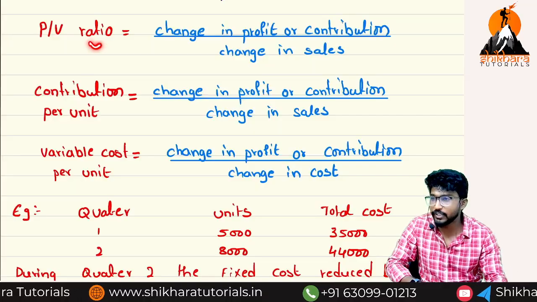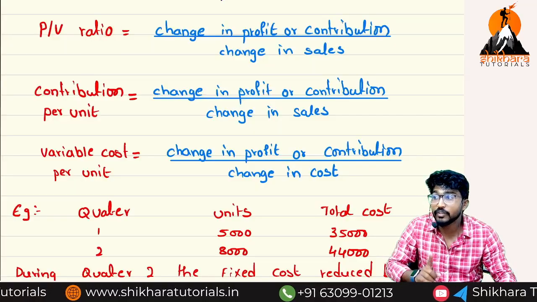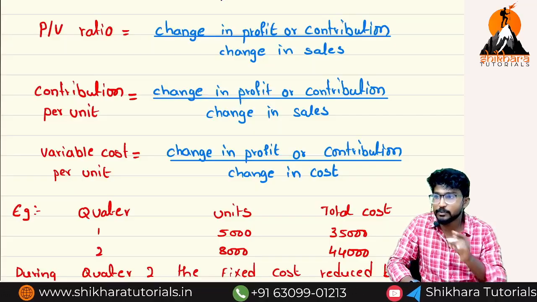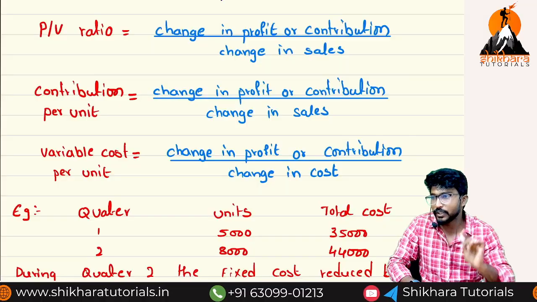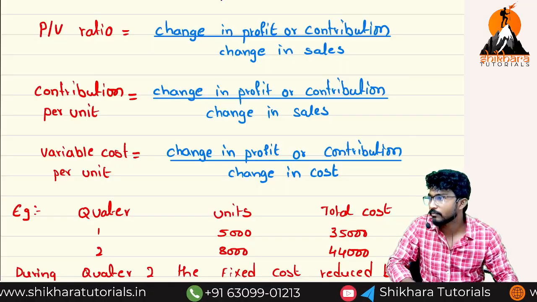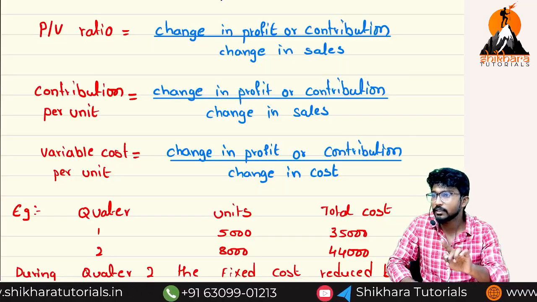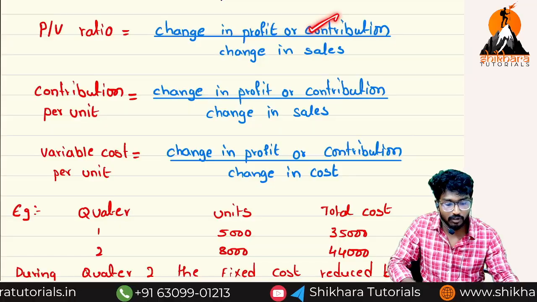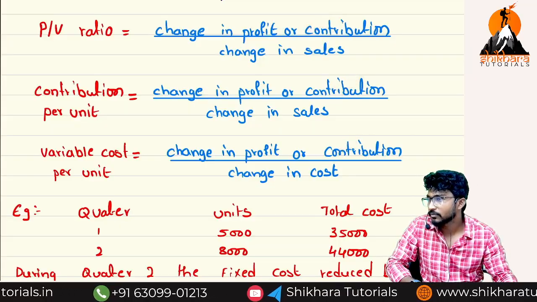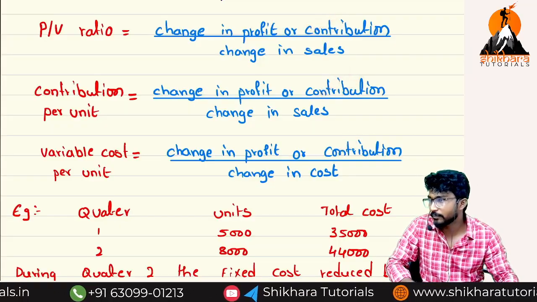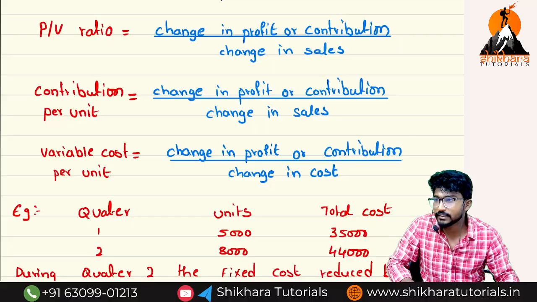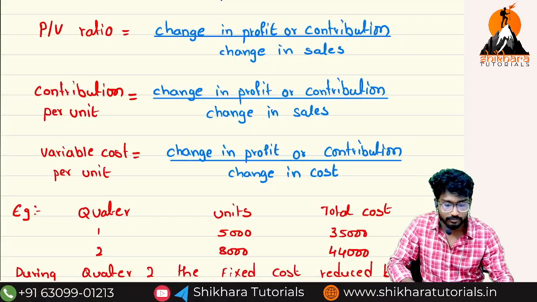For calculating PV ratio, what is the formula? Always remember, if it is PV ratio, it is always rupees. Rupees means sales. Change in profit divided by change in sales. Always the numerator will be the same: change in profit or contribution divided by change in sales. Then you will get PV ratio.